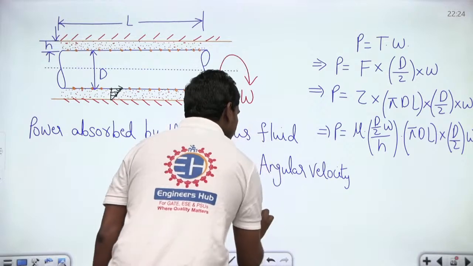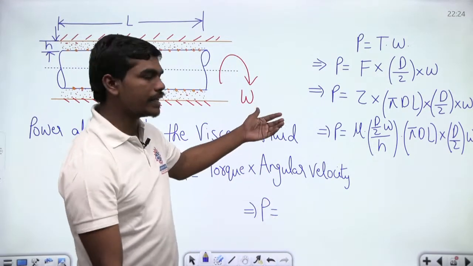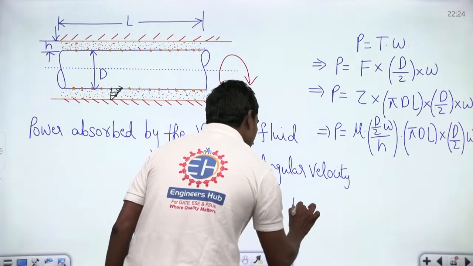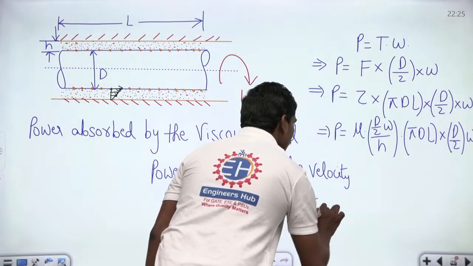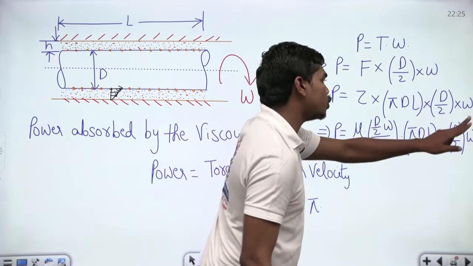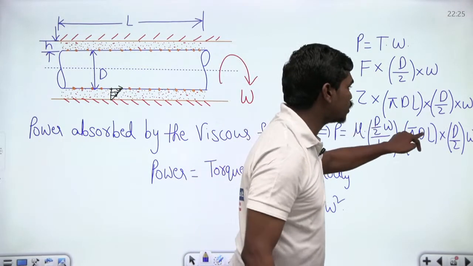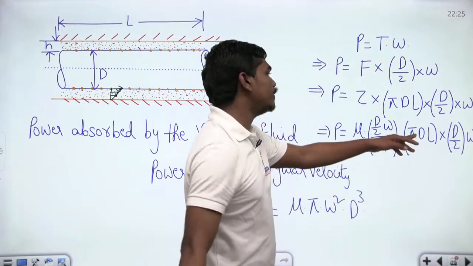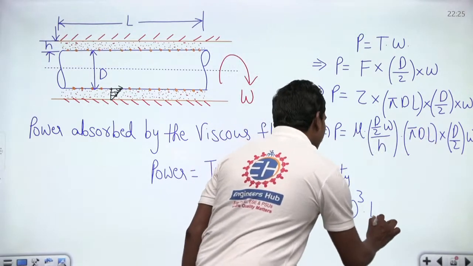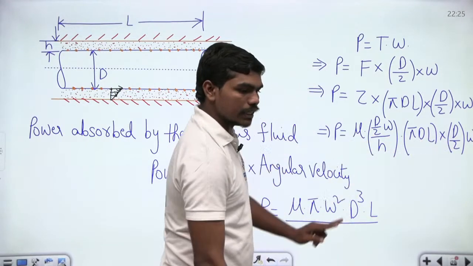Correct? So if you write the expression for power, finally the power absorbed in this rotating shaft is mu into pi into omega square, since there are 2 omegas, into D cube, since there are 3 D's, and finally we have one L as well, divided by 4 times h, since there are 2 twos in the denominator.